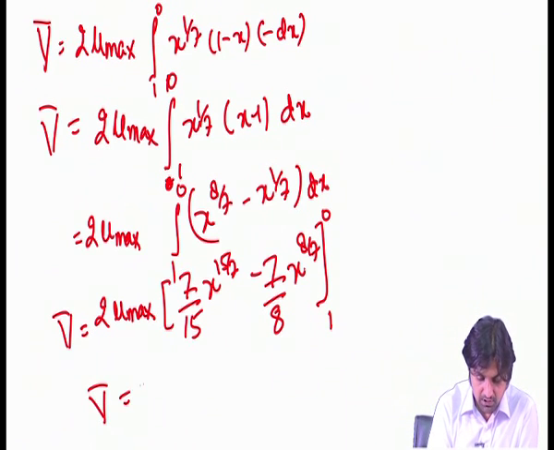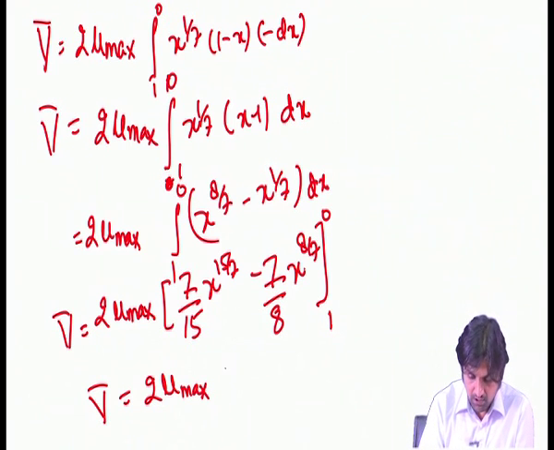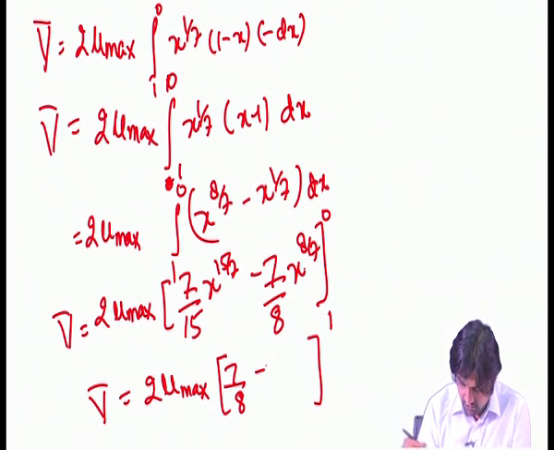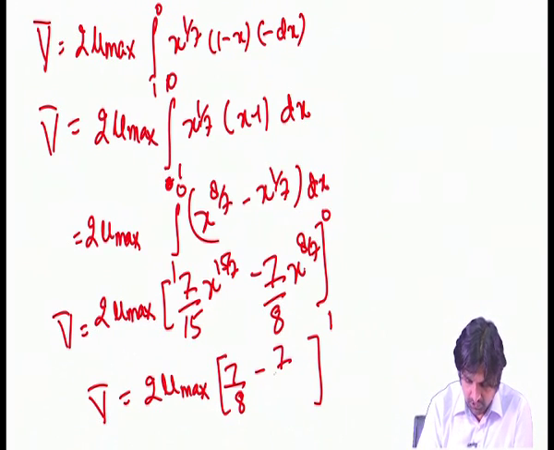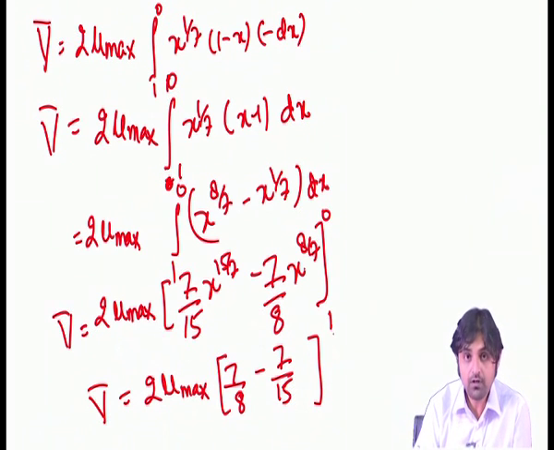So, V bar is 2 u max, and we substitute the limits 1 and 0. So, it will be 7 by 8 minus 7 by 15.